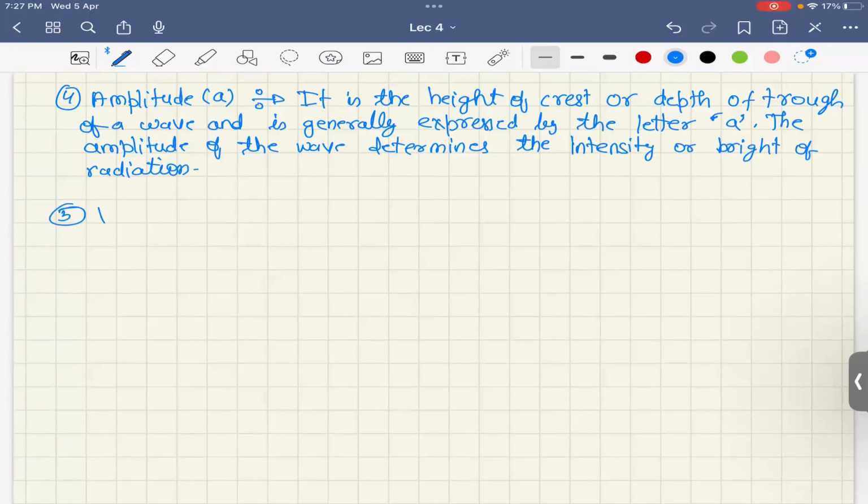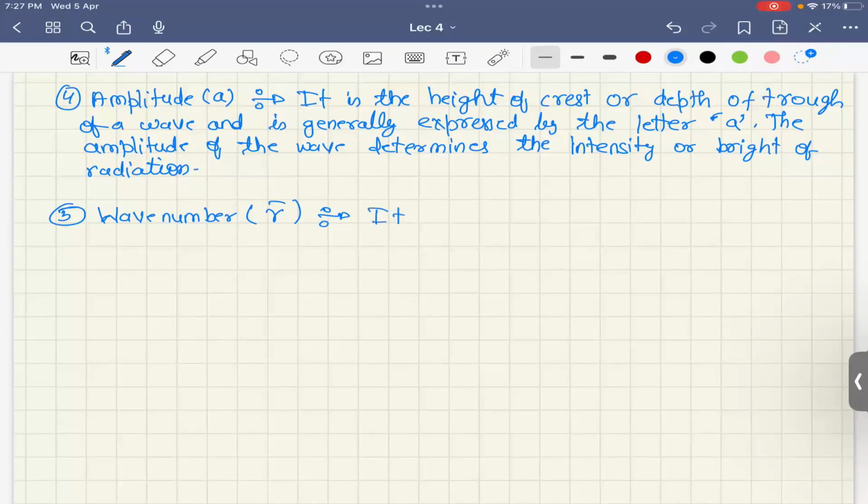The fifth is wave number, denoted by nu bar.